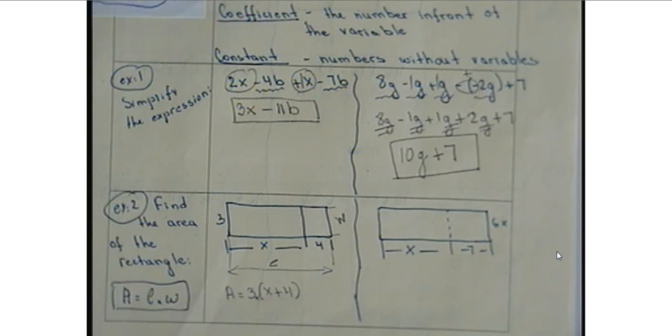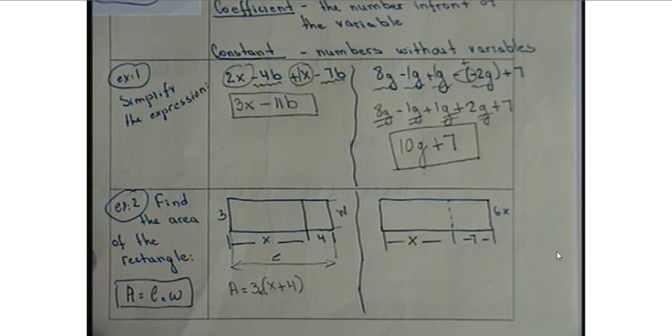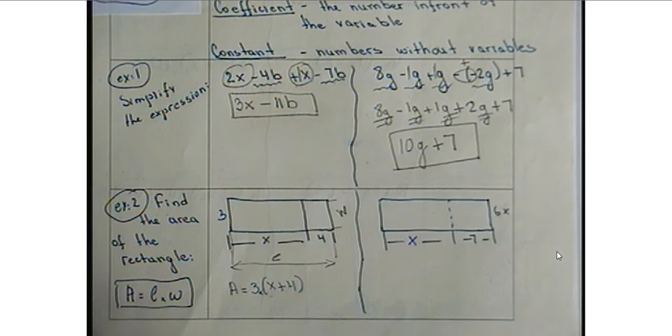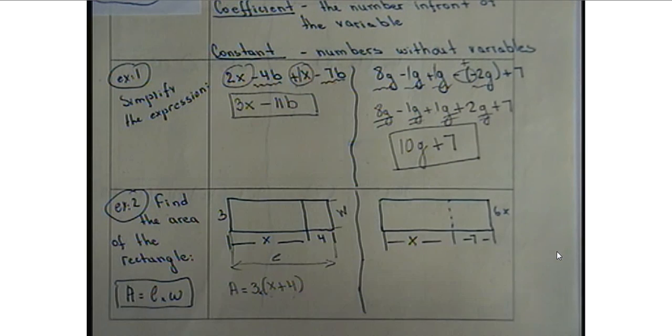So we have 3 times x plus 4 inside the parentheses. Now make sure you have this inside the parentheses because this is one whole thing, so we want to keep those together, x plus 4, that's why we're using parentheses. And once you set up the problem, we will leave it like that at this point.